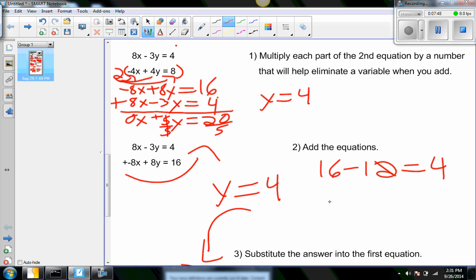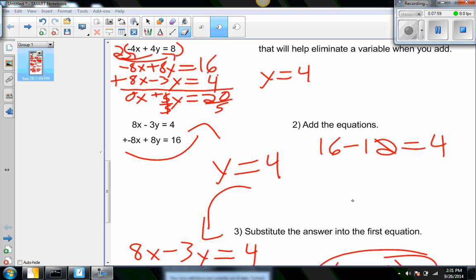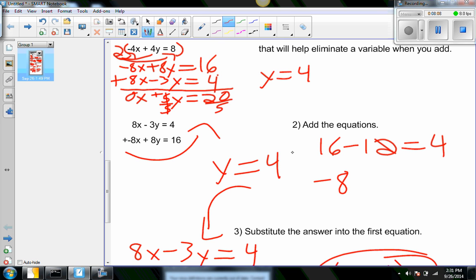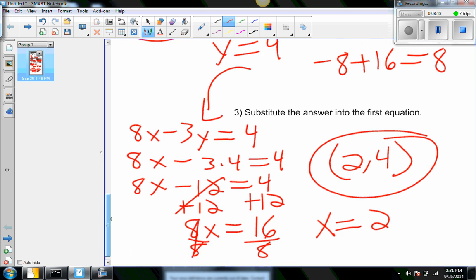So negative 4 times 2 would be negative 8. And then if I plug 4 in here, I would go plus 4 times 4 is 16. Does that equal 8? Yes, it does, so it worked. So your answer is 2, 4 for that system.